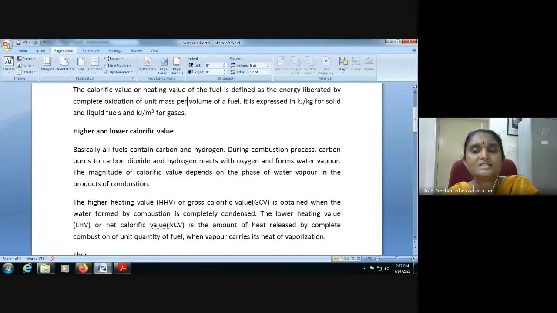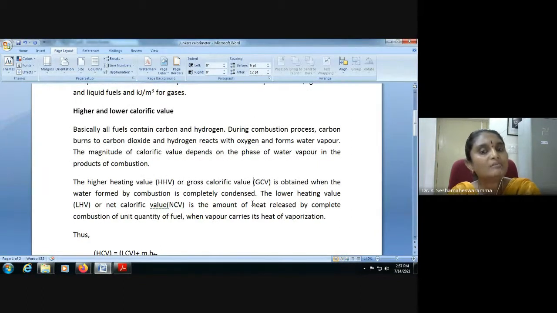During the combustion process, carbon burns to carbon dioxide and hydrogen reacts with oxygen and forms water vapor. The magnitude of the calorific value depends on the phase of the water vapor in the products of combustion. The higher heating value, or gross calorific value, is obtained when the water formed by combustion is completely condensed.